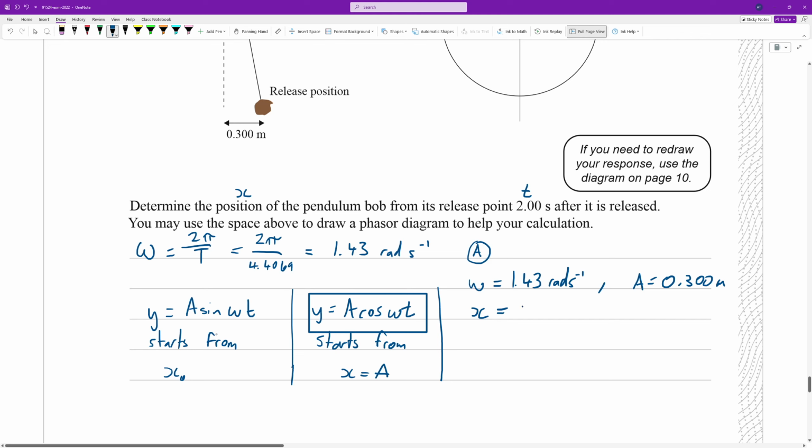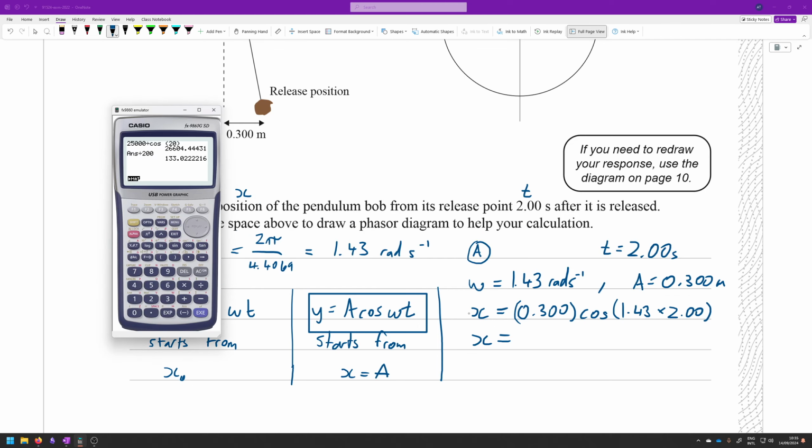X equals the amplitude times cosine of the angular frequency times time. And we are told the time, aren't we? So t equals 2 seconds times 2. So x equals, get out our calculator.